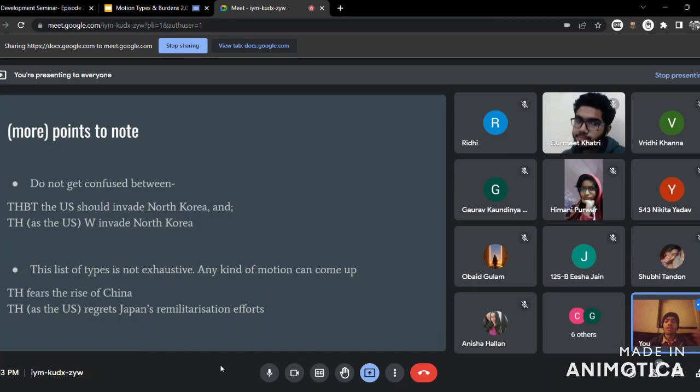What you do is you regret this motion or regret Japan's remilitarization efforts. You think of why a world without Japan putting those efforts would be a better world than status quo, but you do that from the US perspective.